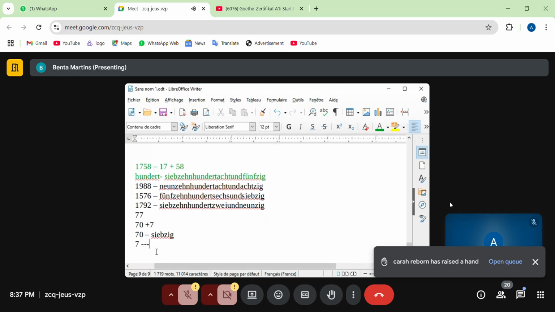So 7 is 7. And you follow the rule that I said, you begin from the right hand side towards the left. So you begin with 7. So it's going to be 7 und 70. Are we together? Yeah.